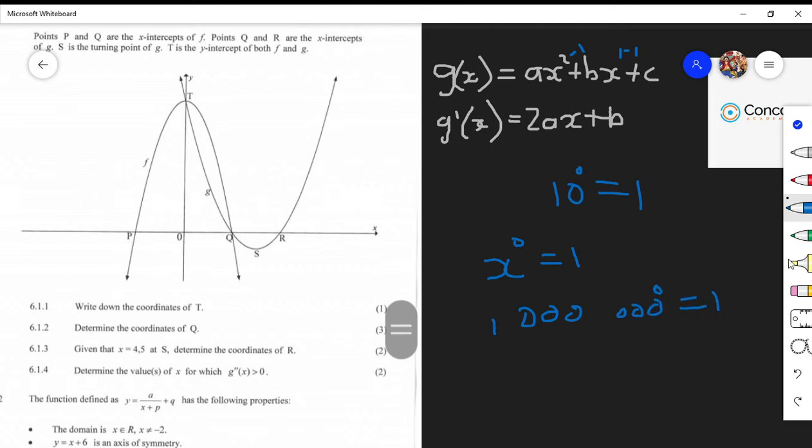So that's why we can just write it as b, because b times 1 is still equal to b.